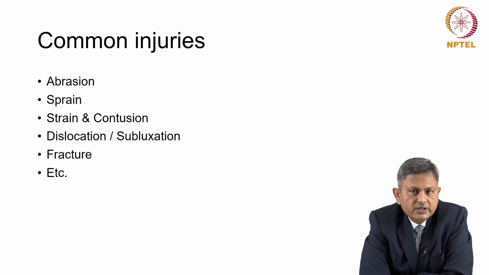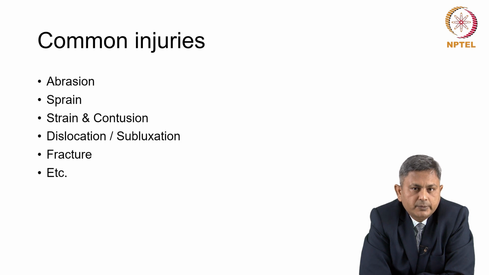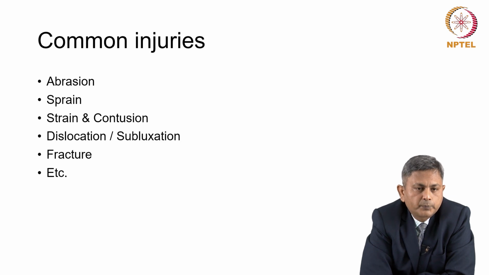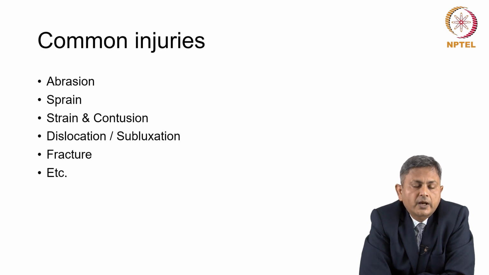When dislocation occurs, an external force is applied, and the active and passive structures of the joint get disrupted. In the shoulder joint, the muscles are the active structures, and the bony structures, the glenoid cavity and head of the humerus, and various ligaments and ligament capsules make the passive structures.